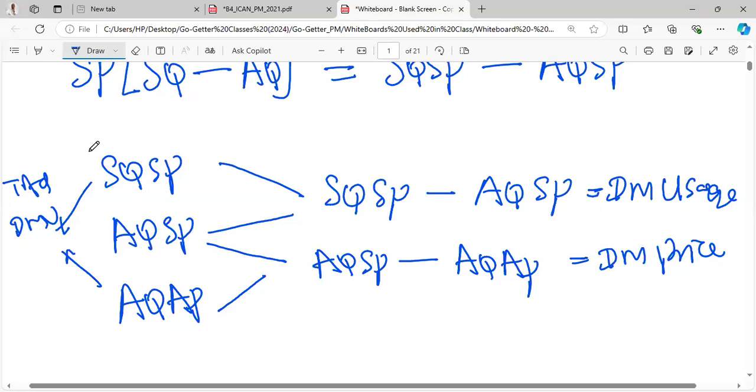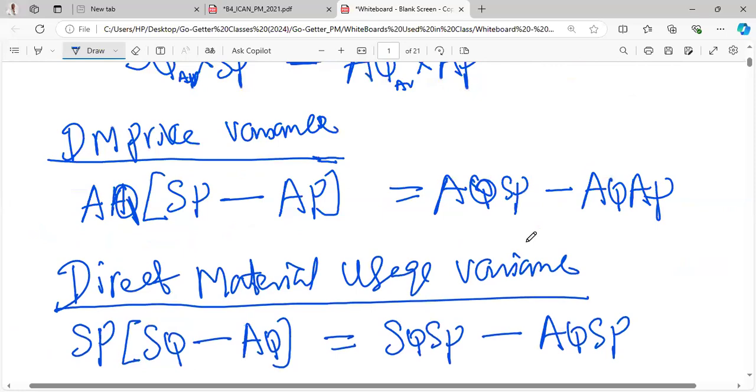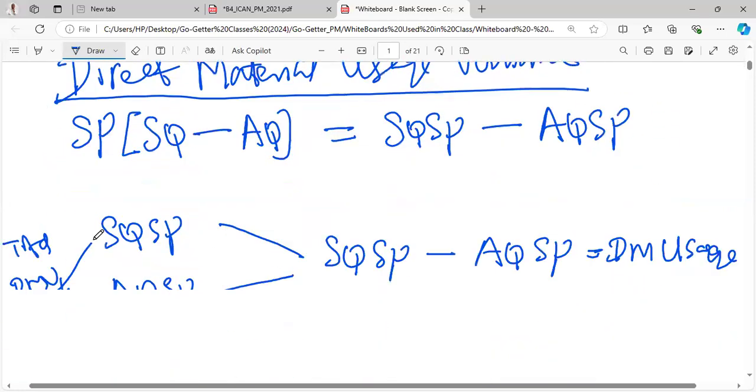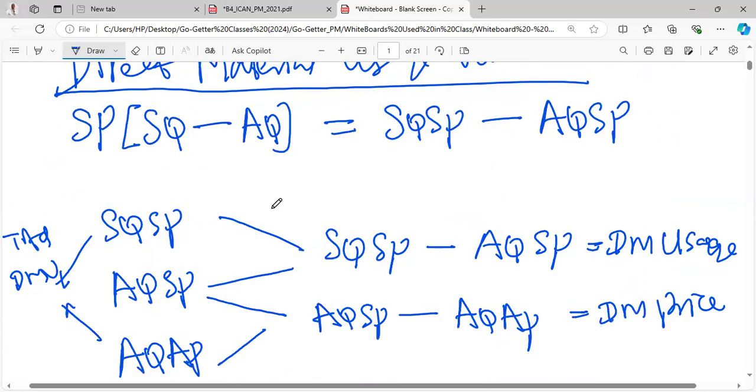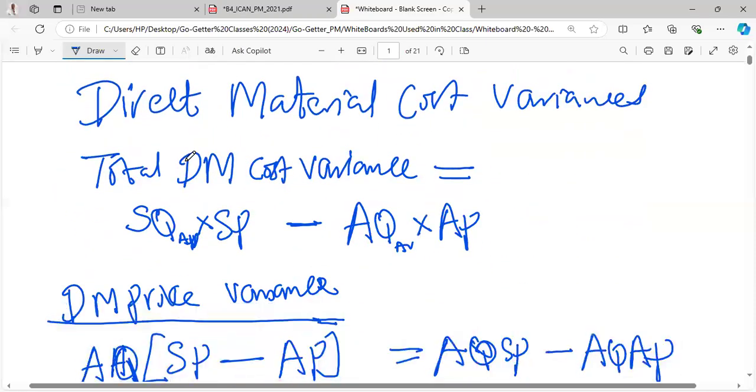The flex is recognized by actual quantity, but the price must be standard because it is a budget. So when you take top minus bottom, the first one is direct material usage; top minus bottom again, you have direct material price variance. So that's how I have derived it. So if you know this, that means you can reconstruct this.